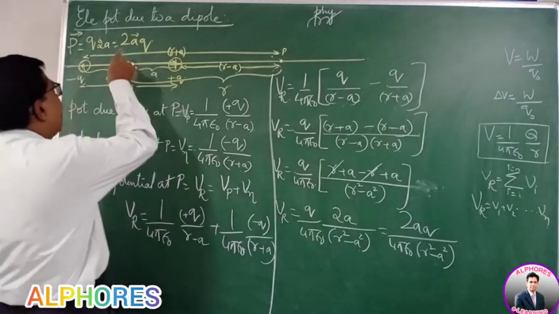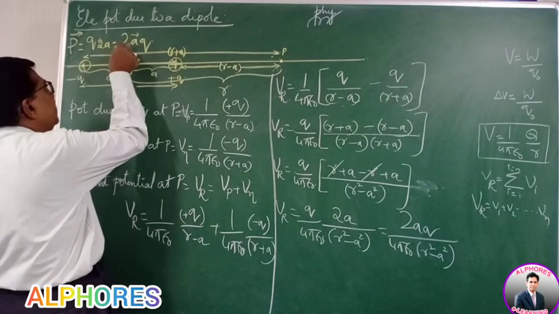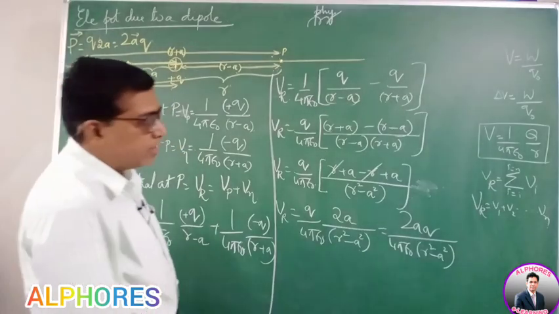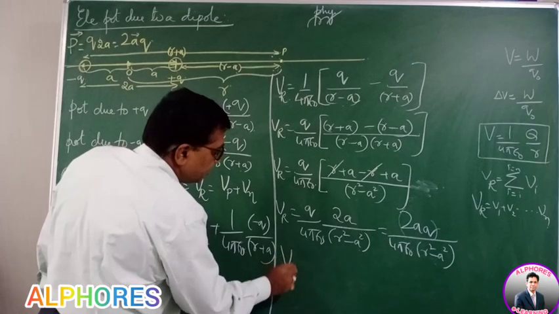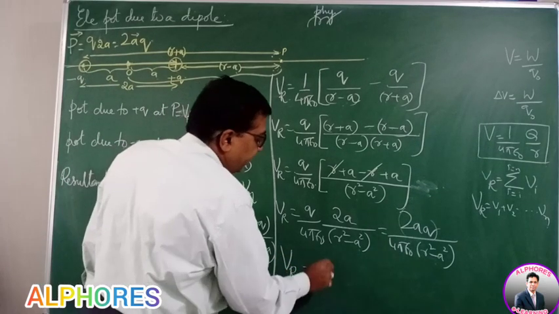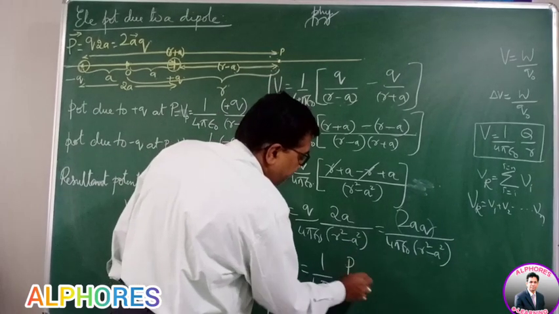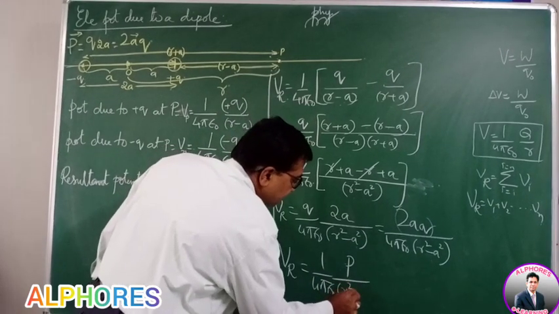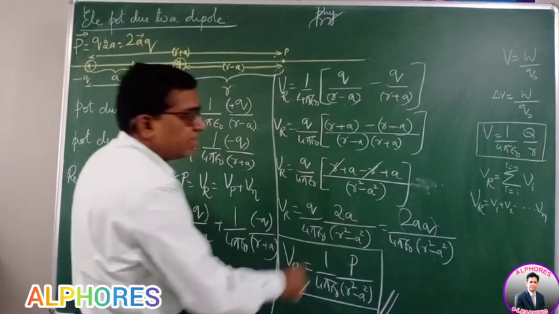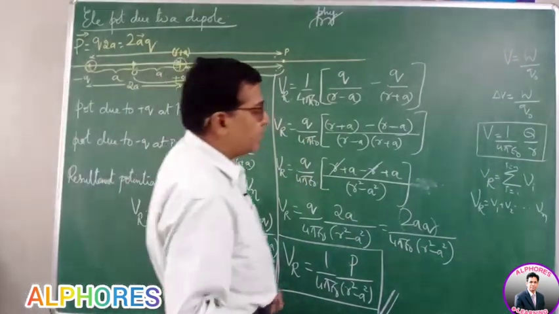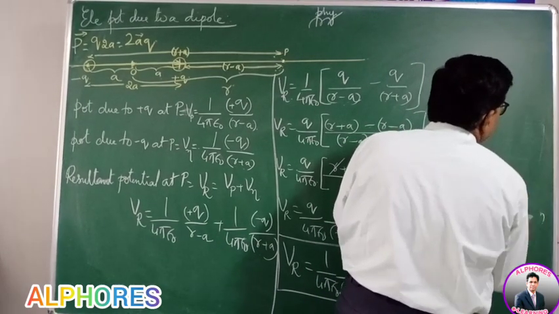Now, I have already stated that electric dipole moment is equal to 2AQ. The electric dipole moment is 2AQ. So this part is dipole moment. So the resultant potential at point P is 1 by 4 pi epsilon naught, the dipole moment P by R square minus A square. So this is the formula for the electric potential of an electric dipole on its axial line.